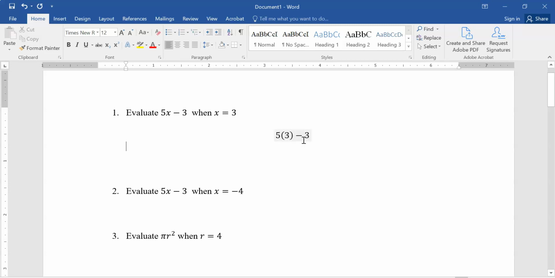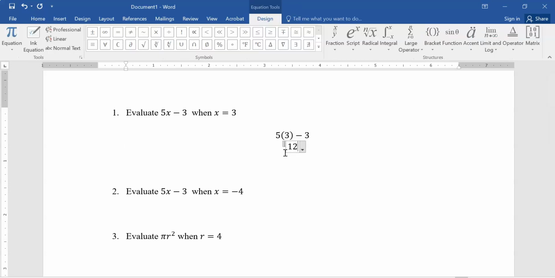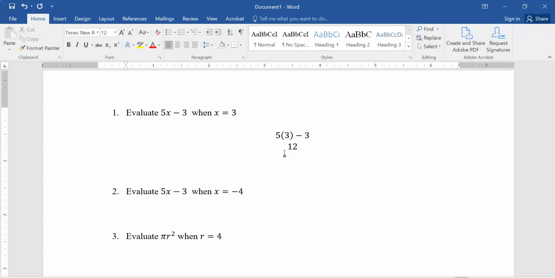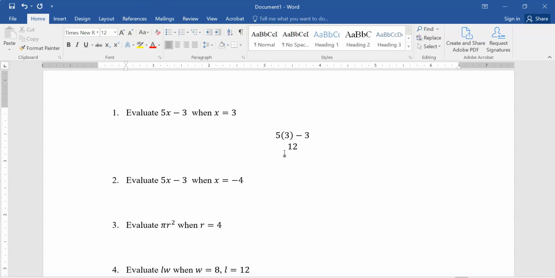The other thing you can do is just type this into your calculator, 5 times 3 minus 3, 5 in parentheses. By the way, your calculator is going to know that when you have parentheses here, we're talking about multiplication. So either way, whether you're typing it into your calculator or doing it by hand, you're going to end up with a 12.